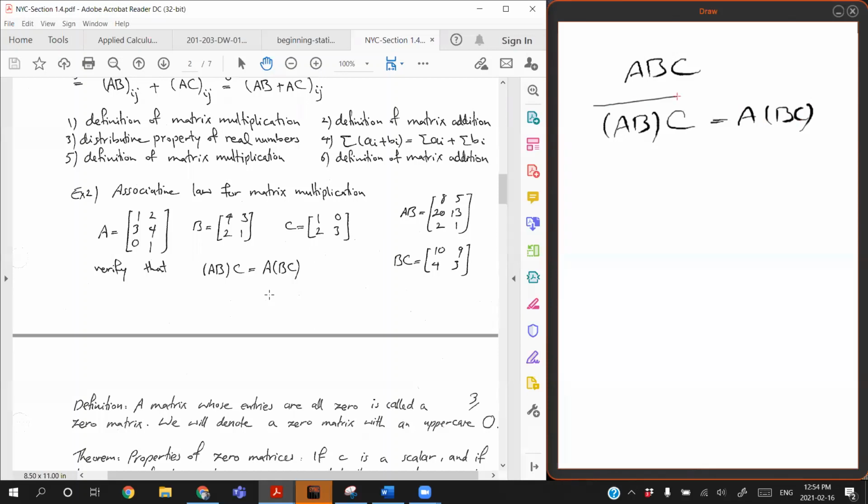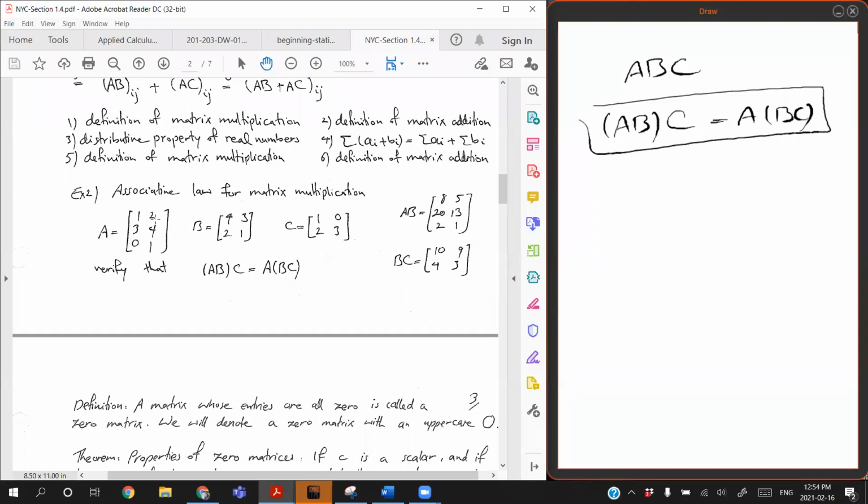This is called the associative property of matrix multiplication. The proof is very interesting, but I'm not going to show you the proof. The only thing I want to show you is an example, to see whether it works for this particular case.